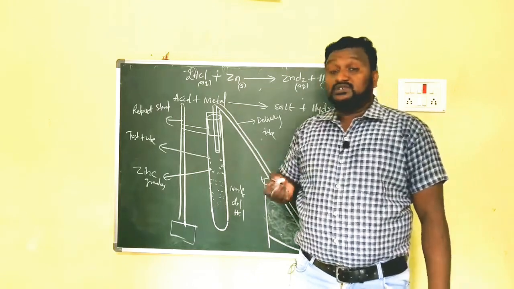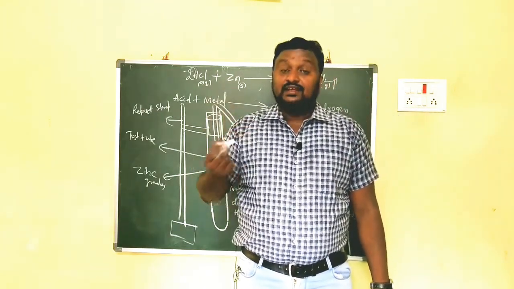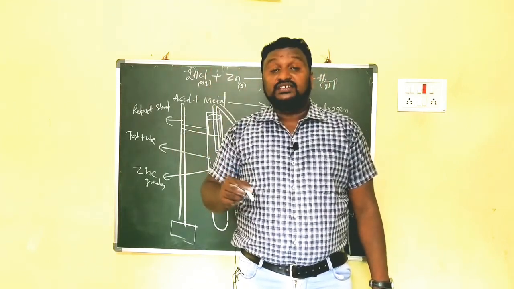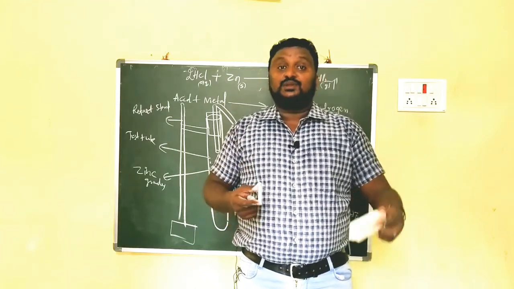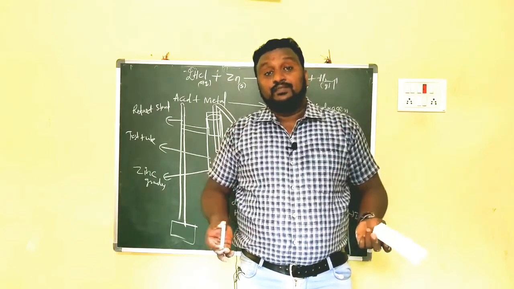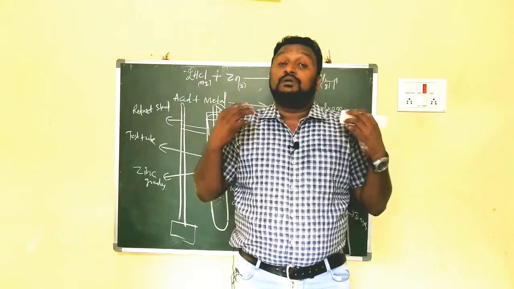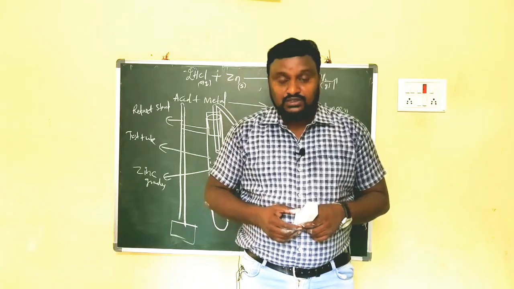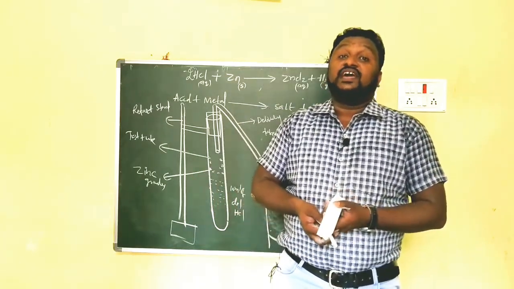If anybody asks in the question paper how we can identify that some gas is liberated when the acid reacts with the metal, the answer is: if you bring a burning matchstick near the top of the delivery tube, the burning matchstick is put off with a pop sound. That means some gas is liberated.